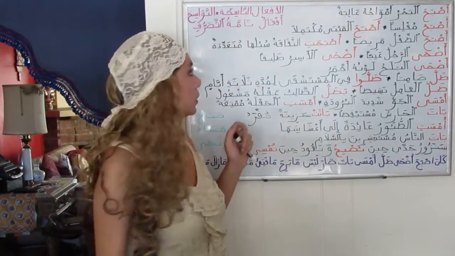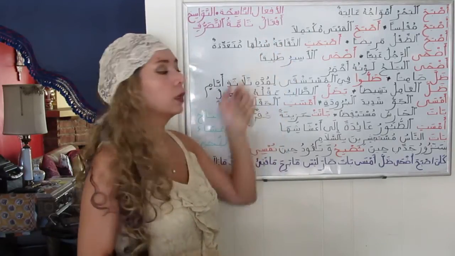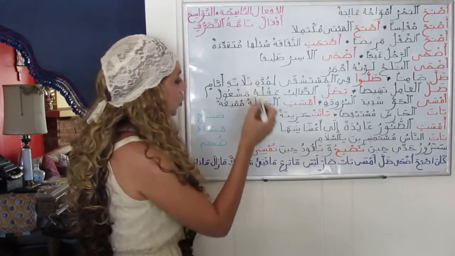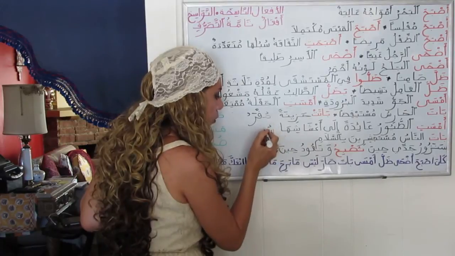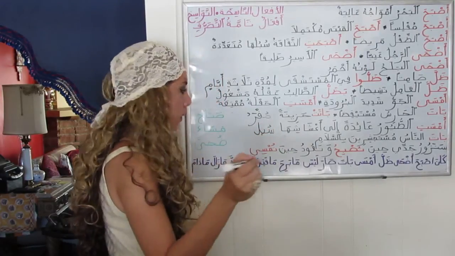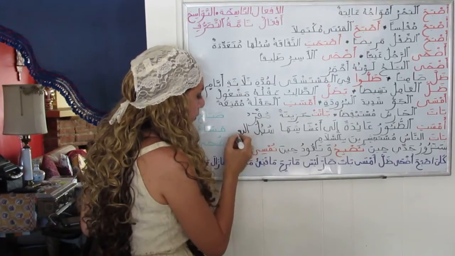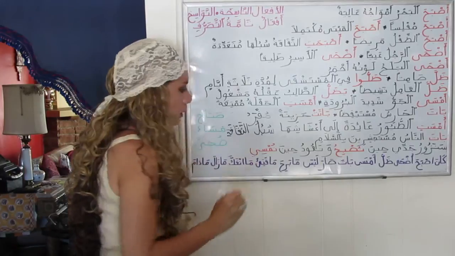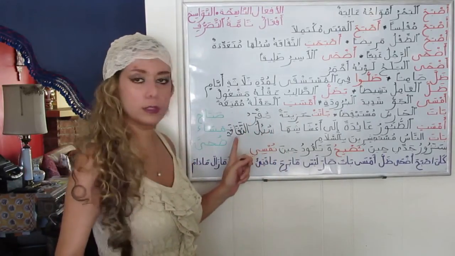So, the ways of culture, or سبل الثقافة. This is another way to say it, an easier way. إضافة construction, genitive construction, first term, second term.